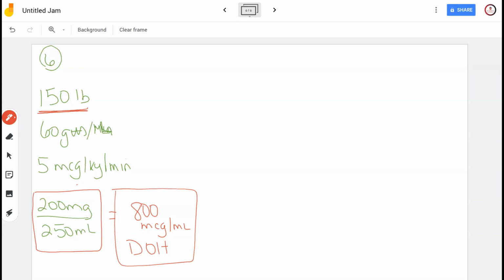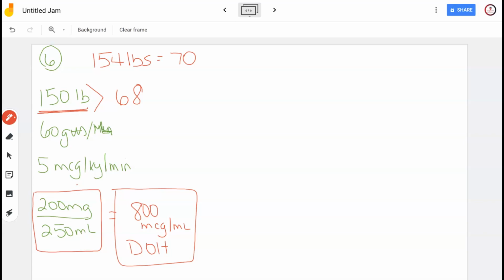Your nice, easy kilogram is 154 pounds, which is 70 kilos. So this ends up being 68 and change, but we're just going to use 68 for this.